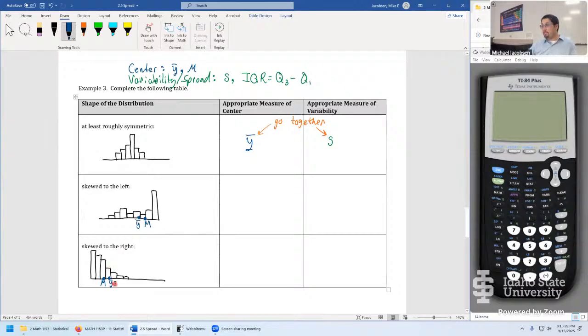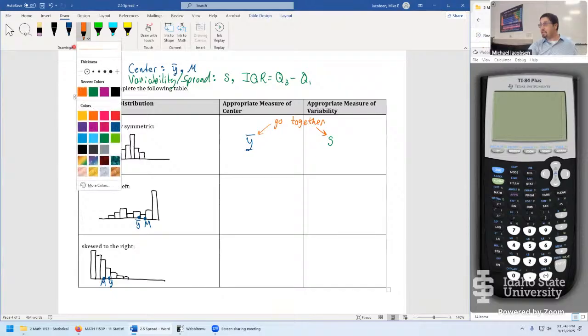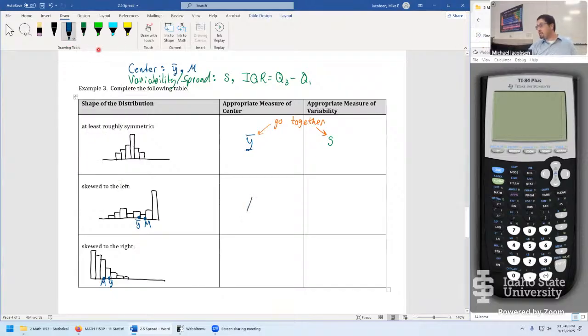Skew to the right means y bar is to the right of the median. And in fact, the median is the better description of a central value. The central value is what we consider typical, and y bar is starting to get broken, become biased against the skew. When this happens, like we mentioned in the last section, we will use M in either case, skewed left or skewed right. These will be the best way to measure center.